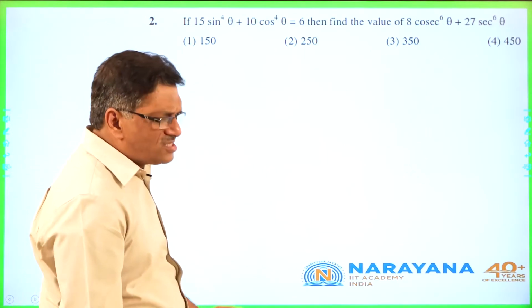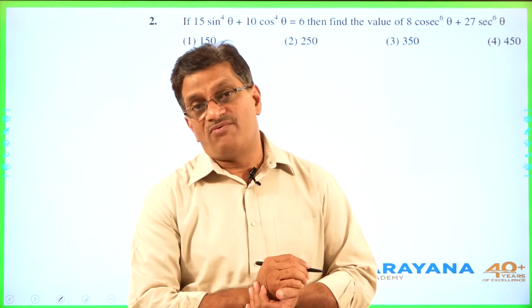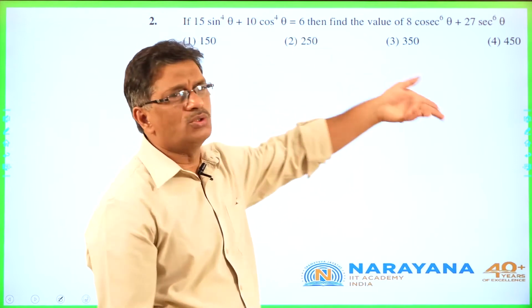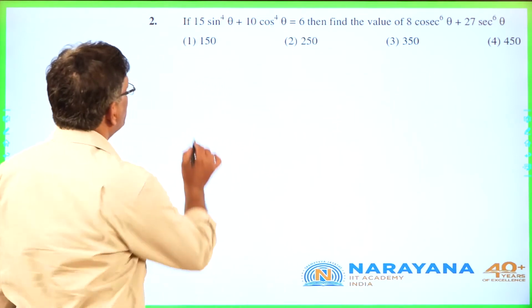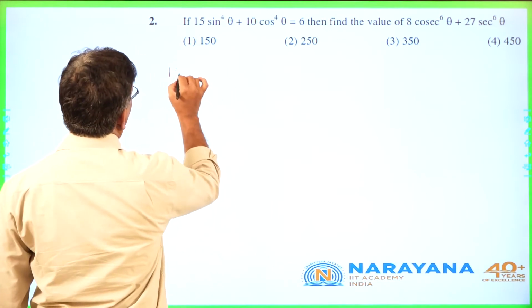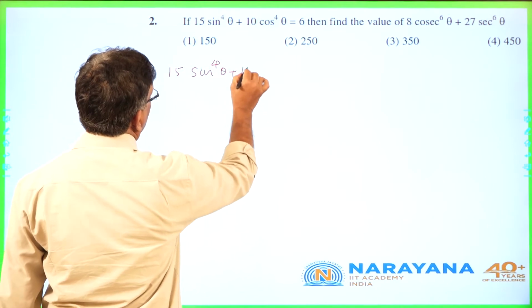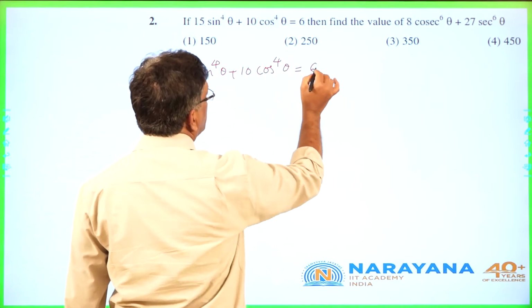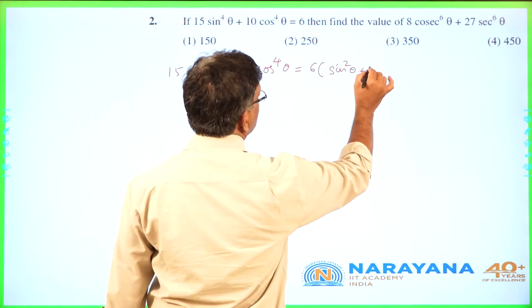This type of problems long back they have given in the form of A sin power 4 theta plus B cos power 4 theta equal to something like (A plus B) whole power n. Same model. We can write it like this: 15 sin power 4 theta plus 10 cos power 4 theta is equal to 6 into 1 square.